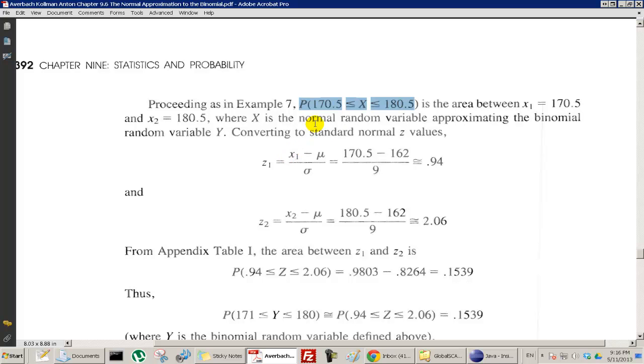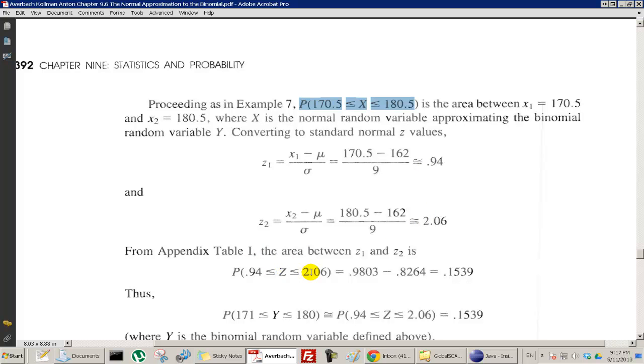We take each of these values, for example 170.5, and convert it to z by doing this minus this over that. You get 0.94. Do the same thing for the other one, which gives you 2.06. So for the standard normal, we want to figure out the probability that z is between 0.94 and 2.06.